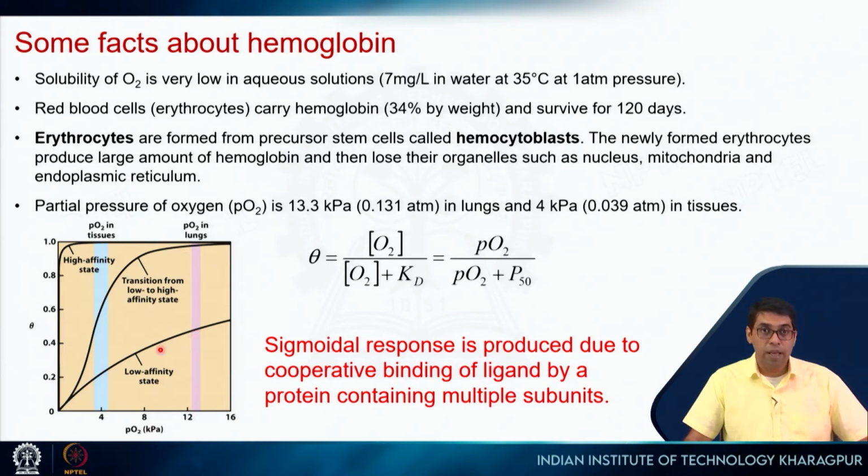Let us say 0.5, so 50% of myoglobin-like molecules will bind oxygen, and when it goes to tissues it will be around 20%. So 50 minus 20, only 30% of myoglobin will release oxygen. The release of oxygen that we will get is only 30%.